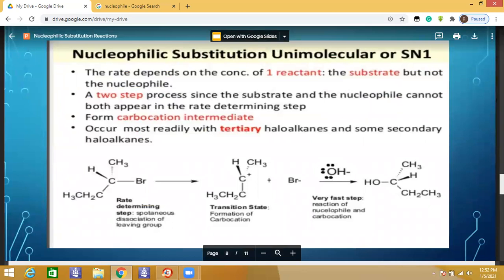So in nucleophilic substitution reaction, the unimolecular reaction, which is your Sn1, the rate depends only on one reactant molecule, which is your substrate, but not the nucleophile, because it is a two-step process.